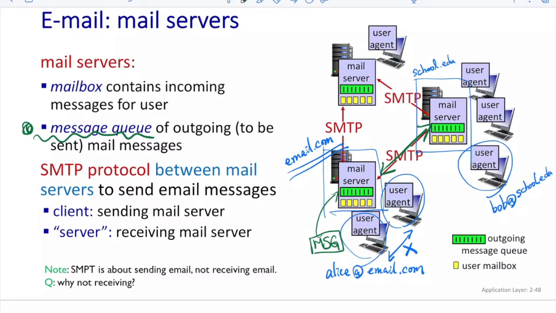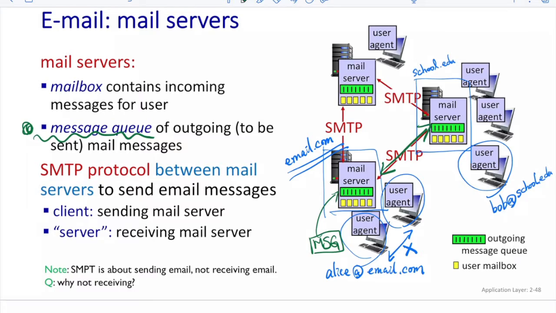The receiver's email server will not deliver this email to the receiver's user agent, because it doesn't know whether the user agent is online or not.